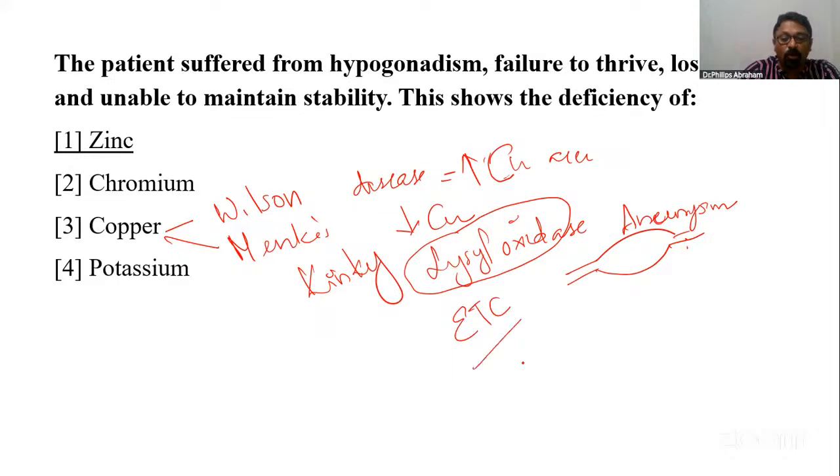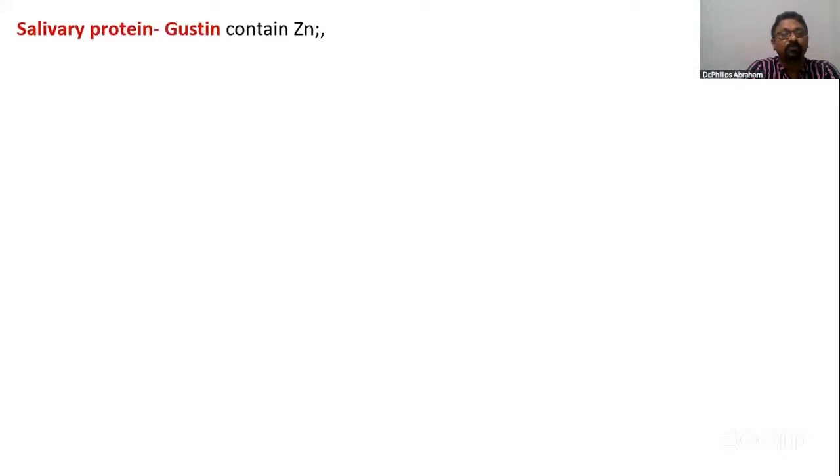We have complex 4, which contains 2 molecules of copper. So copper deficiency can lead to a decrease in energy production through the electron transport chain. That's another function of copper. So that's all about copper. It's about zinc also, so zinc I said.